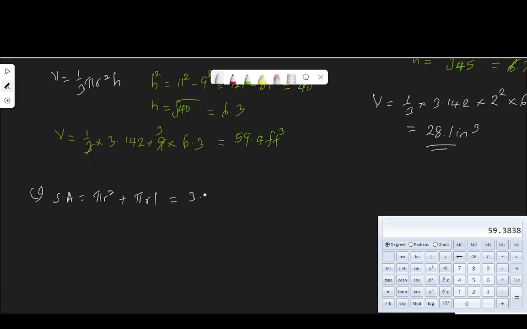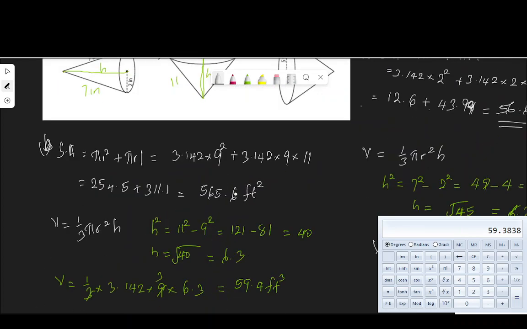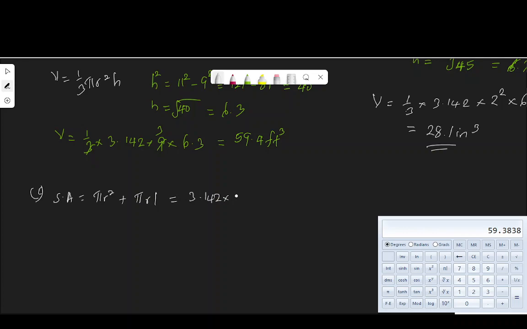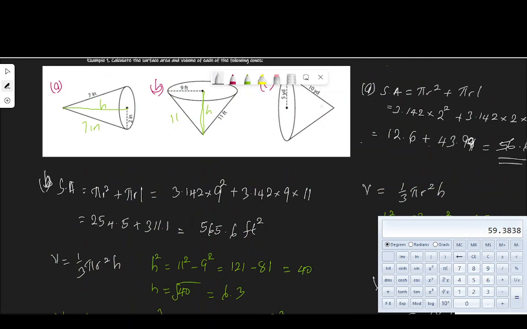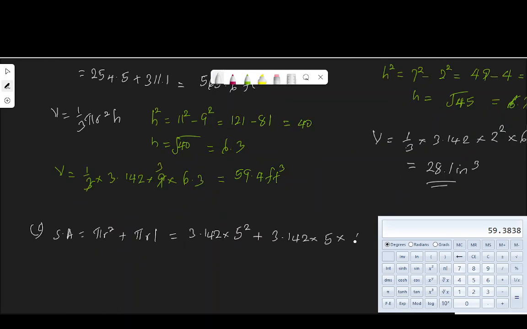That is 3.142 multiplied by the radius, which is 5, so 5 square, then plus 3.142 multiplied by radius again, 5, multiplied by the slant height, which is 10.